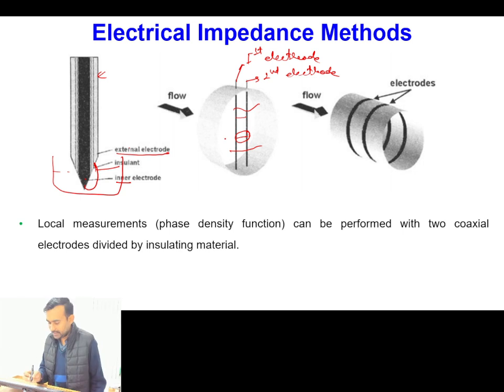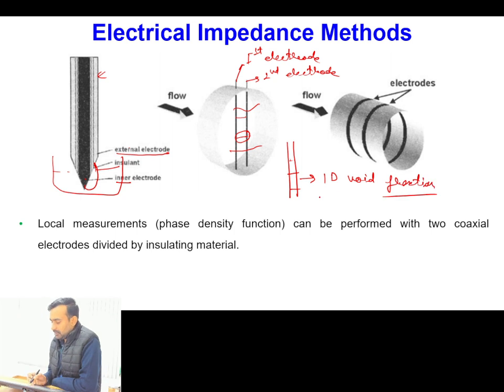Depending upon that, if we vary the fraction of the portion covered by liquid and the portion covered by gas, the value of the output signal will keep on changing. Because this type of probe is arranged in a linear manner and the electrodes are placed very close to each other, again we can get the one-dimensional void fraction.